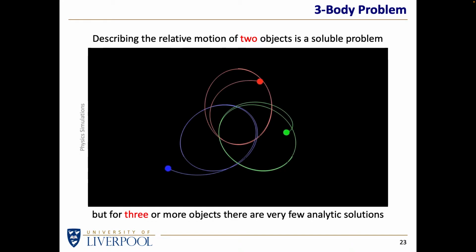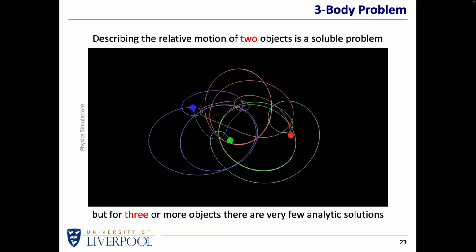But no, the more we watch it, the more we realize they're not falling into nice elliptical motion. They are chaotic. We can run simulations, but we cannot work out analytic solutions to this problem of what happens when there are three objects all gravitationally attracting each other. So when it comes to modeling, for instance, the solar system, we can't do it analytically. We have to resort to numerical simulations.